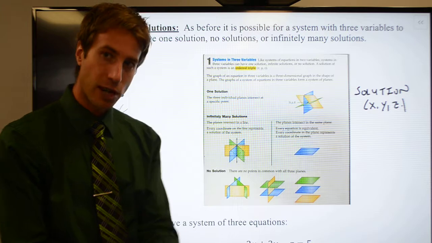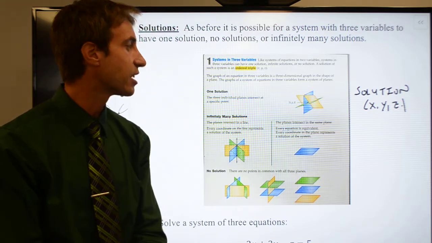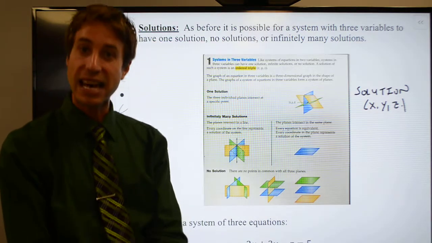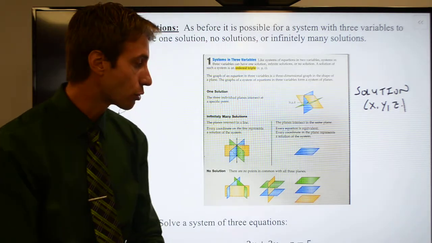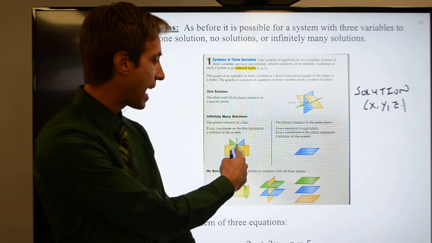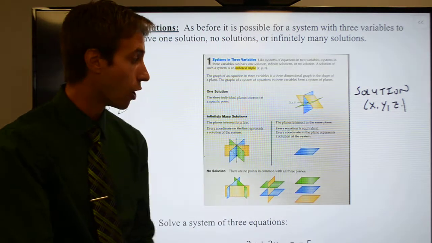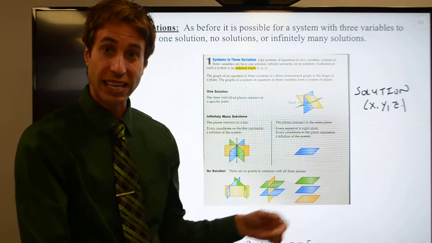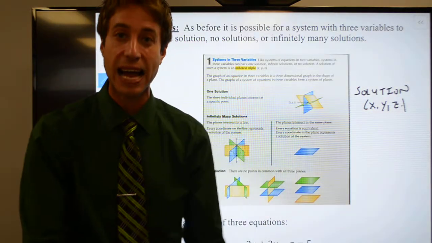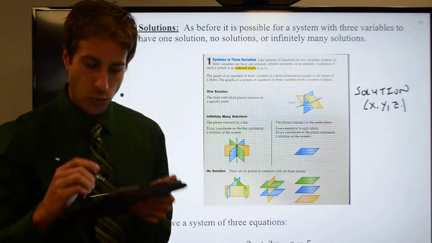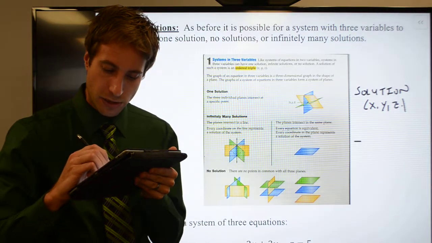It is entirely possible to have your planes oriented in such a way that they do not meet at a single point, but instead those 3 planes intersect each other in actually what is known as a line. Or all 3 planes turn out to be the exact same plane. Well, this is where you have an infinite number of solutions.